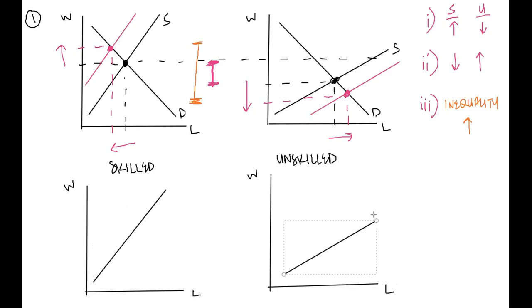And again, it was the same exact initial scenario of them being in equilibrium and the skilled market having higher wages than the unskilled.